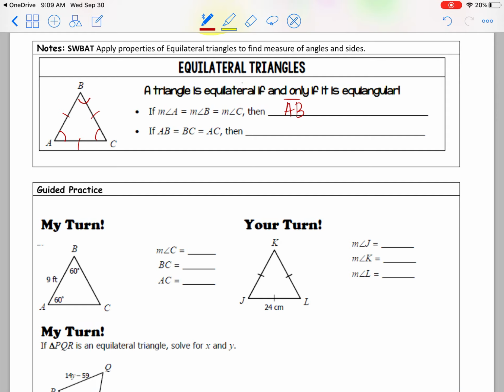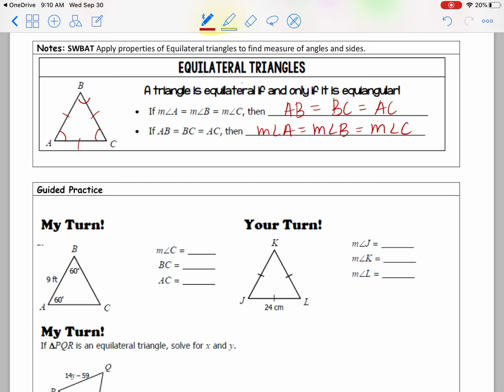AB will be equal to BC, which will be equal to AC. Same thing if a triangle has AB equal to BC equal to AC, if all the sides are congruent, then all of the angles will be congruent. The measure of angle A will be equal to the measure of angle B, which is equal to the measure of angle C.